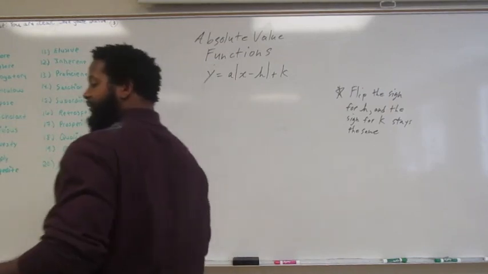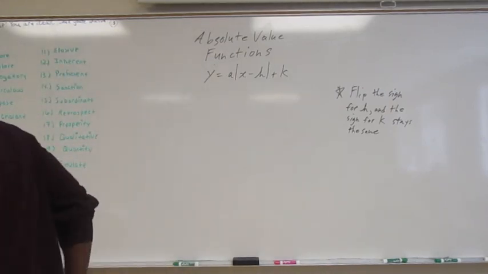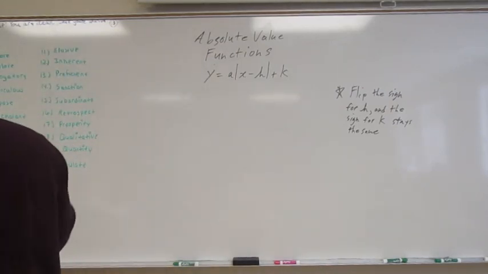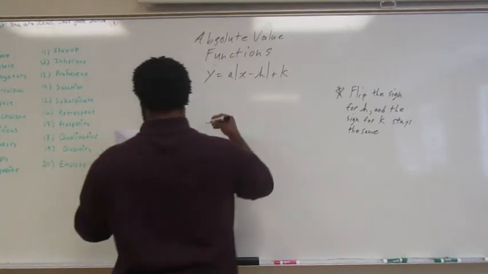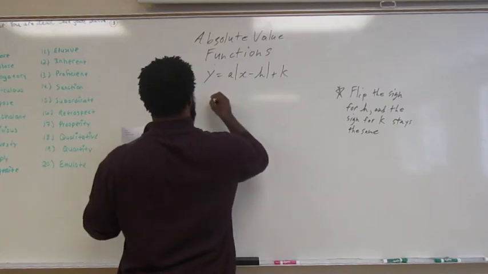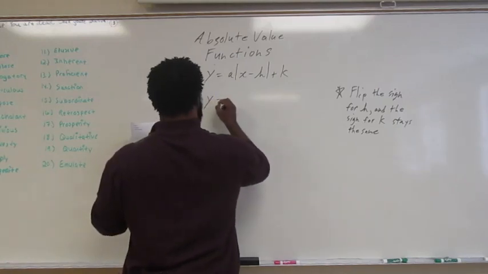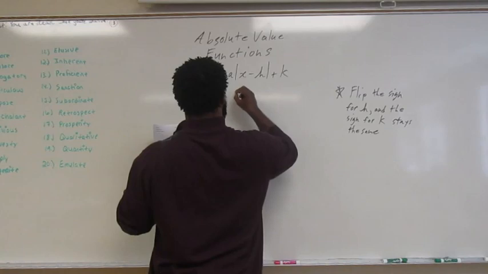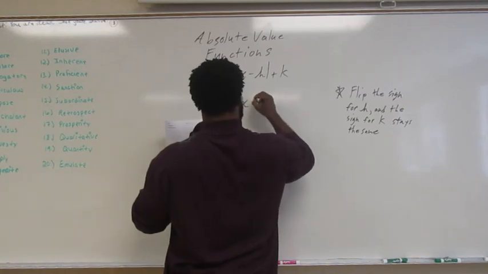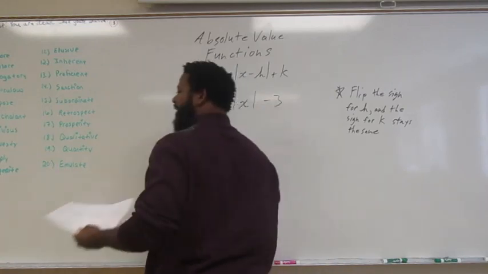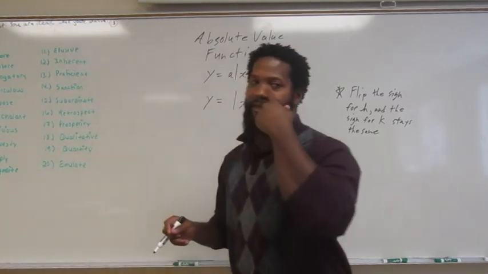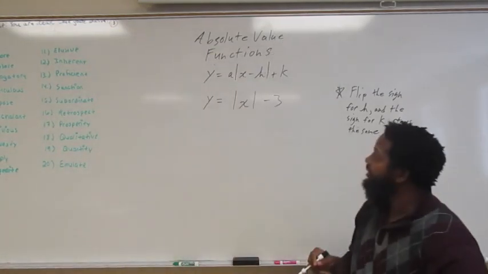What if you have something like this right here? Y is equal to absolute value of x minus 3. Doesn't that x become 1?